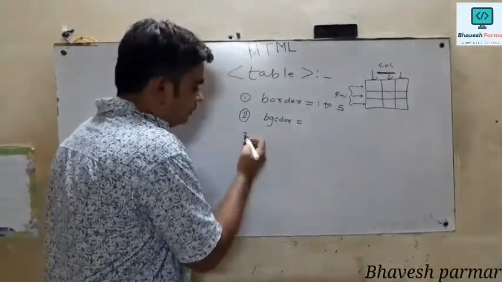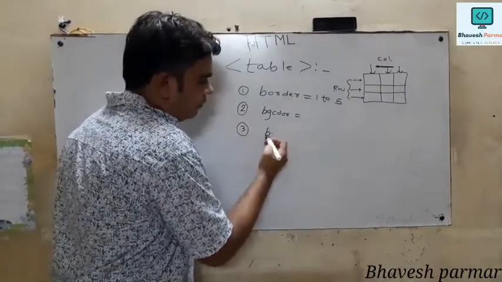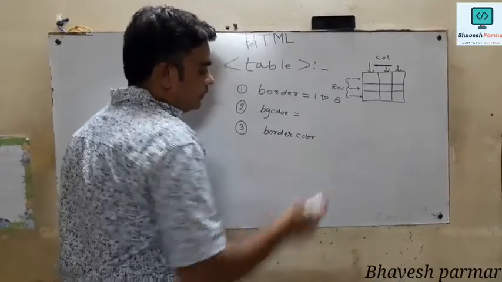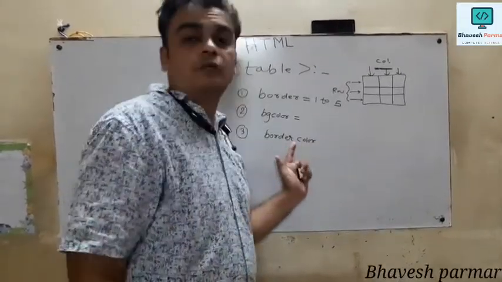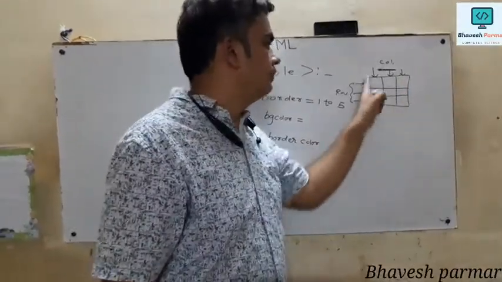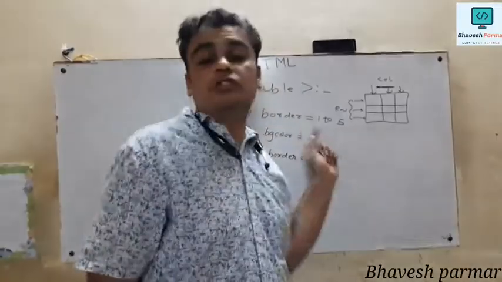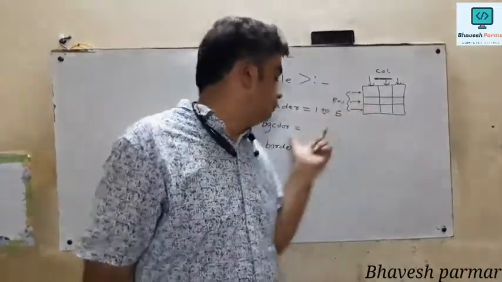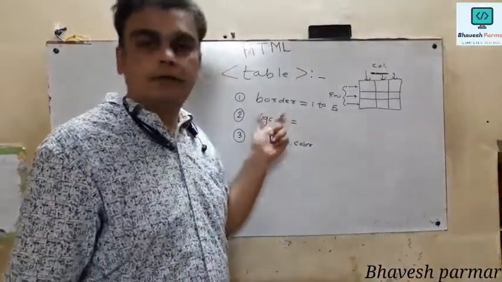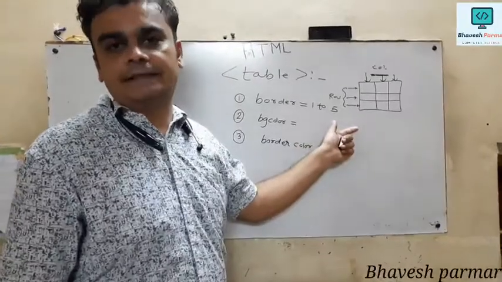After bgcolor we are going to study the next attribute, bordercolor. And this is a single word, don't give a space between border and color. So the outline of the table is represented by this bordercolor. If we wish to change the color, we can use the bordercolor attribute in our program. And as I told you earlier, we can give either the name of the color or its equivalent hexadecimal code.